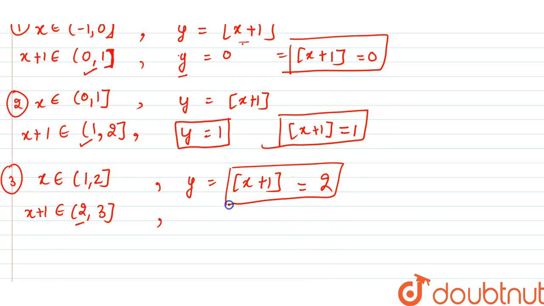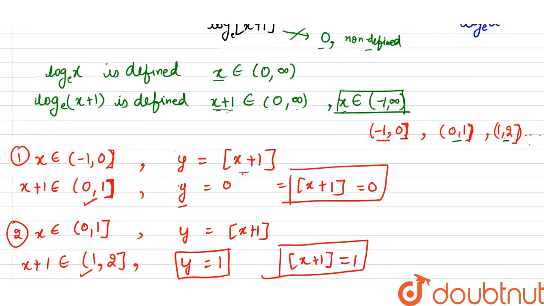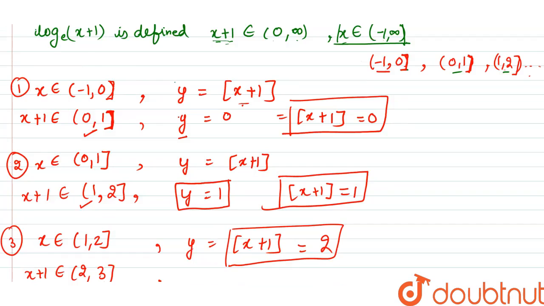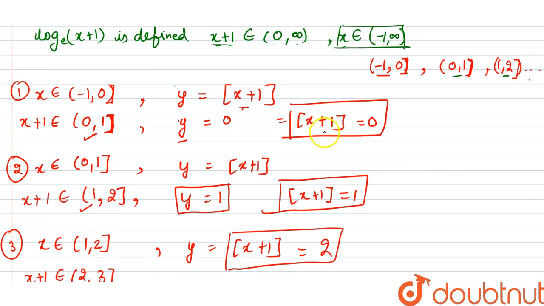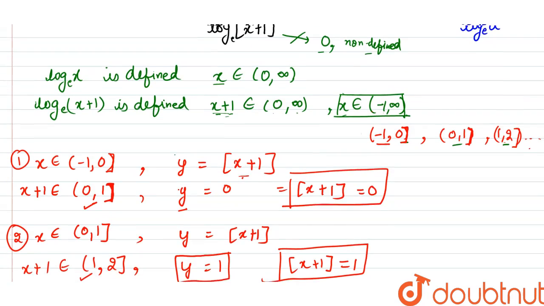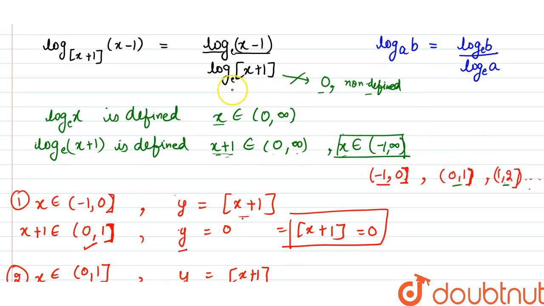Now we have to check for the non-defined values of the log function. So we know we have got the greatest integer function value of x plus 1 as 0. That means log 0, and we know log 0 is not defined. So we have to discard this particular interval from the interval minus 1 to infinity.